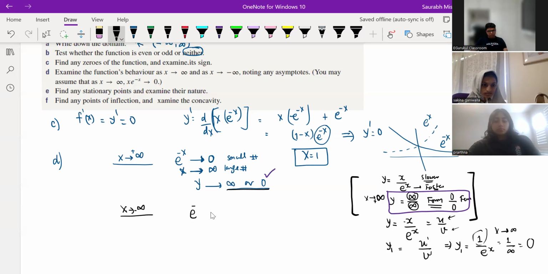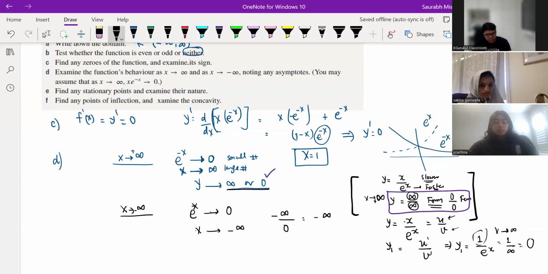Let's look at x tending to minus infinity. So e to the power x tends to 0 as x tends to minus infinity. So minus infinity divided by 0 is actually minus infinity, isn't it? Because 1 by 0 will anyway increase the infinity value. Clear?